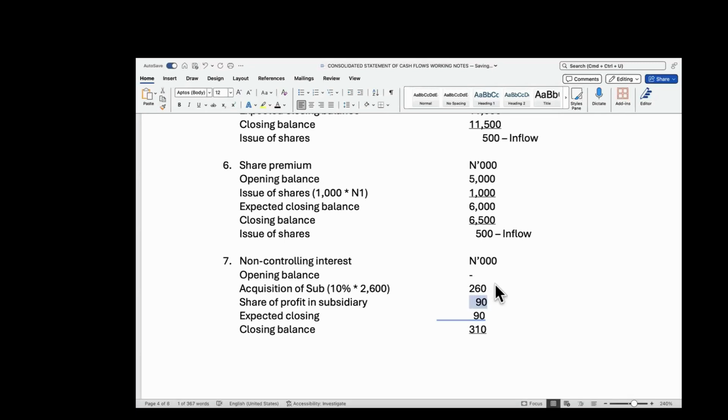You know that we acquired a subsidiary at the beginning of the year. So that means the expected closing is actually 340. But the closing is 310. Is it 340 or 350? 350. Okay, 350. Thank you.